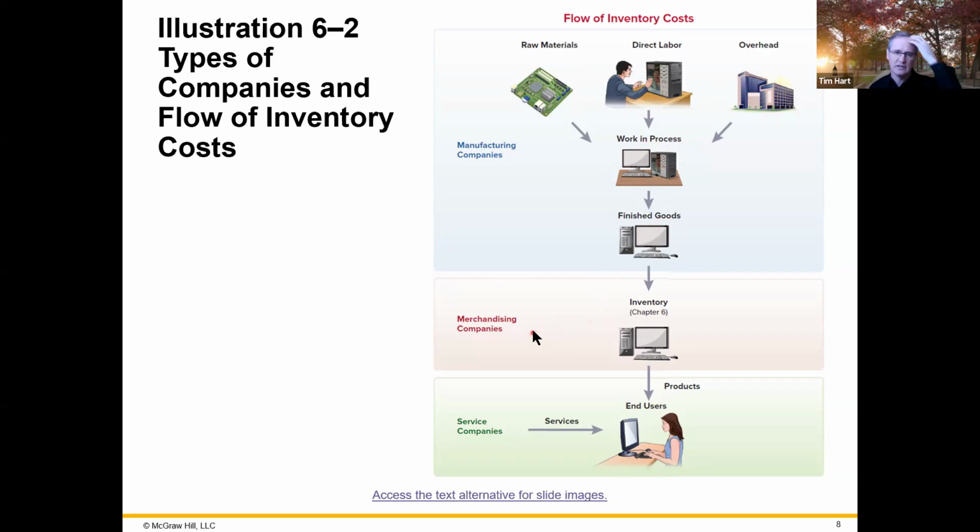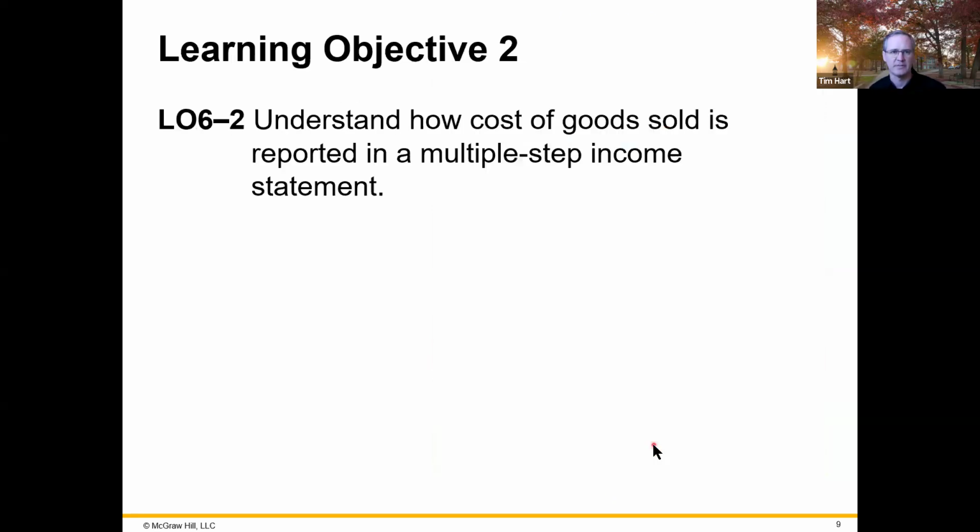Merchandising companies, again like Best Buy, are just selling this material. And then the end user, or a service company, provides a service, like training on how to create a website. That's where their revenue generation is from.